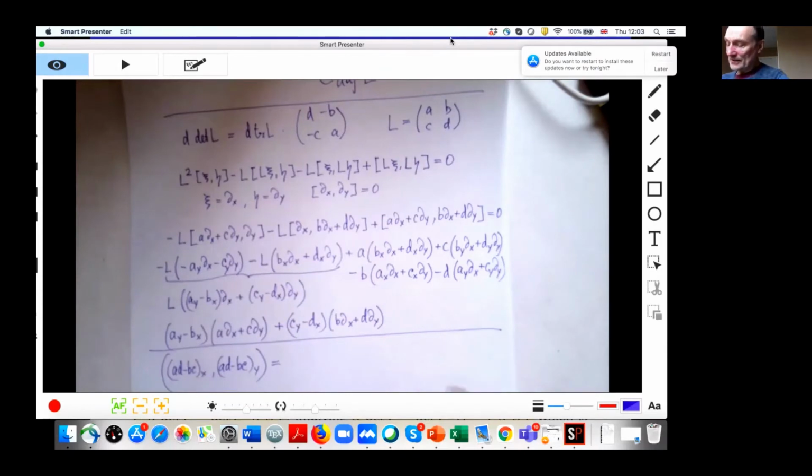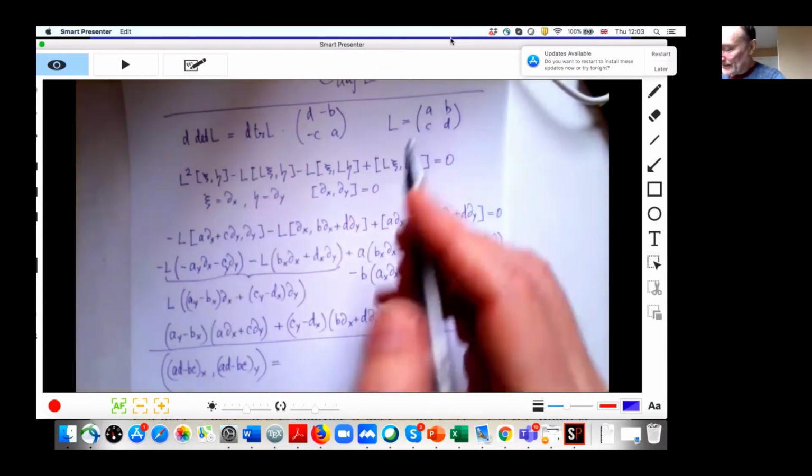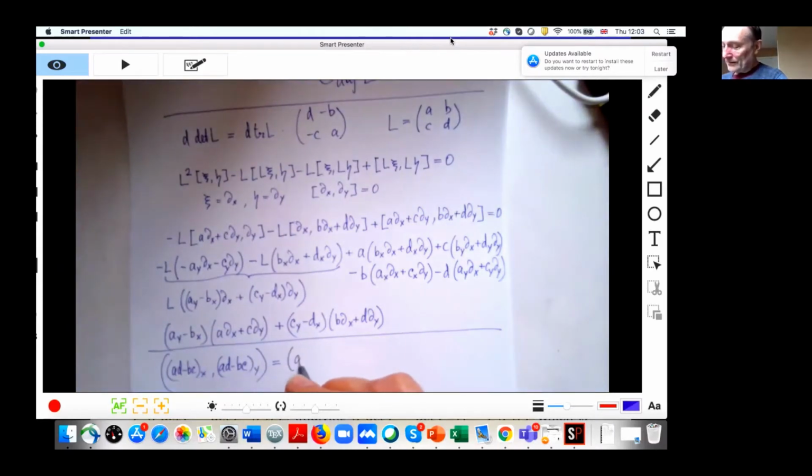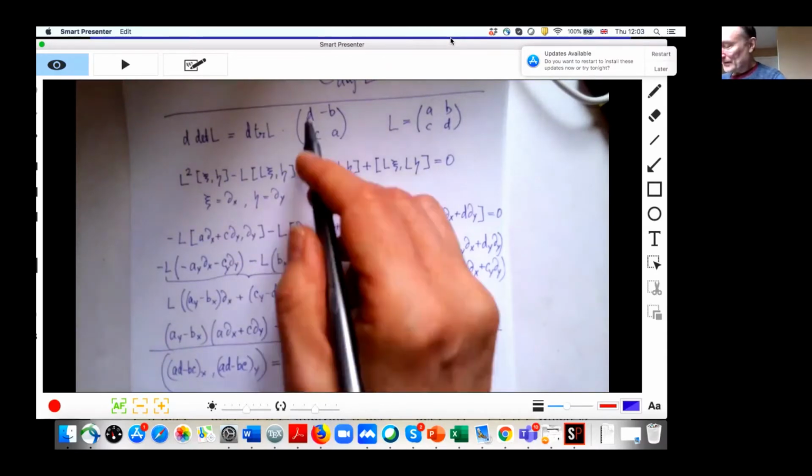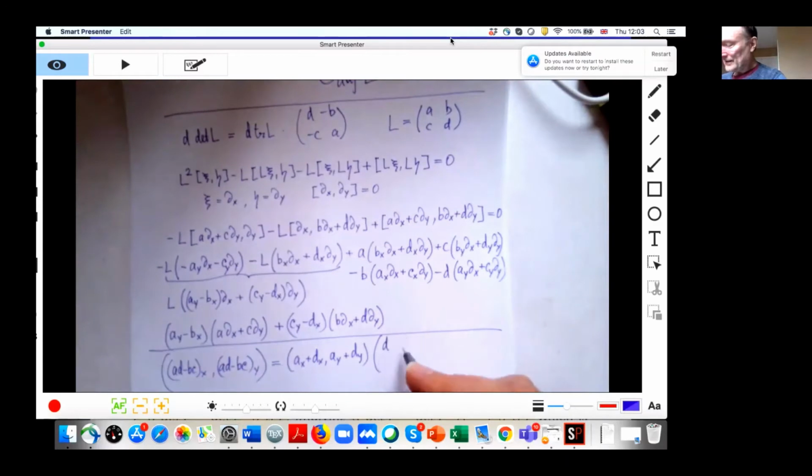Trace is a plus d. So this is ax plus dx, derivative with respect to x, and derivative with respect to y, y plus dy, and we multiply with this matrix d, minus b, minus c, a, just like this.